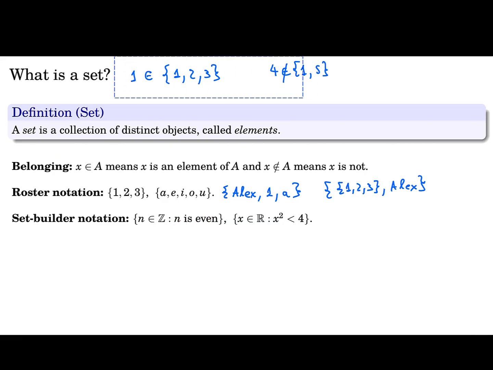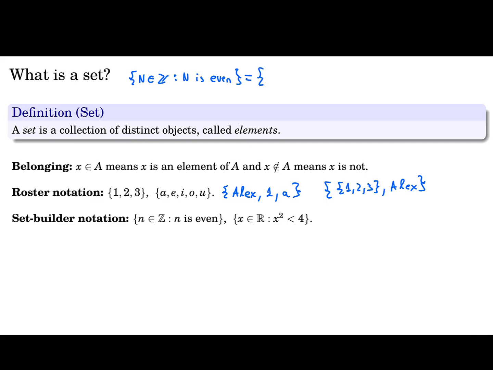So let's write that up here and look at it a little bit more carefully. So if we look at the set n belonging to the integers, and we'll see later, so this is the set of integers, such that n is even. So this corresponds, if we were to sort of list out, of course, hard to list out an infinite number of things, but this would correspond, let's say, to having 0, 2, minus 2, 4, minus 4, and so on.